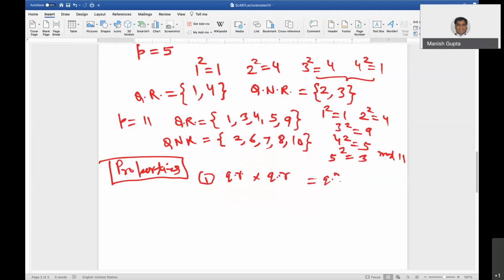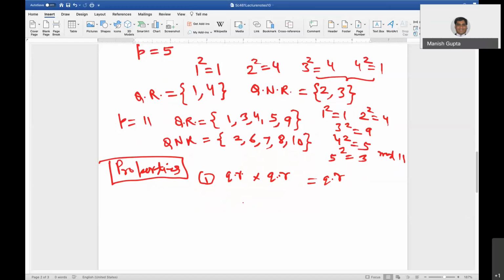The product of two quadratic residues will give you a quadratic residue. So for example, here 1 into 4 is 4, which is a quadratic residue. Here if you take 3 into 4, 3 into 4 is 12, modulo 11 is 1, which is a quadratic residue. If you take two quadratic residues and compute their product, you will get a quadratic residue.